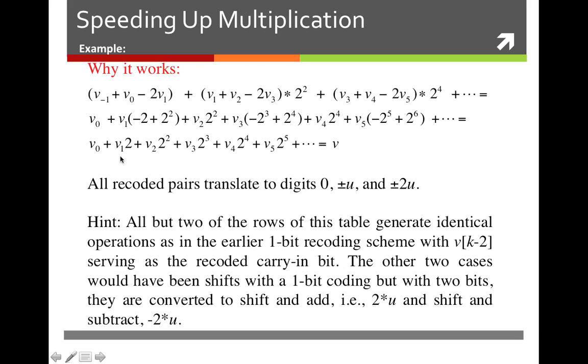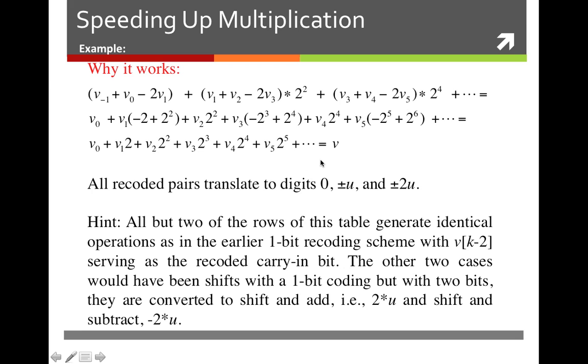Because we're taking the digits of V and then simply shifting them by powers of 2, and that's the original representation of V. I've taken it all the way to V3, but if you follow this again, you'll see V4 is going to be here with 2 to the 4, but V5, with a negative sign, will have to be compensated with the next power of 2, and that's going to give you 32 times V5, and that's going to continue.